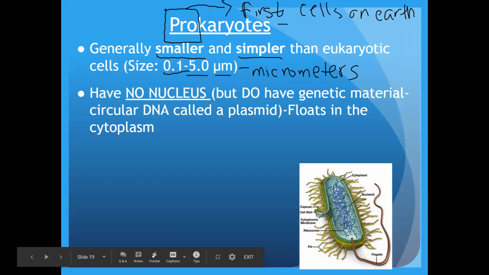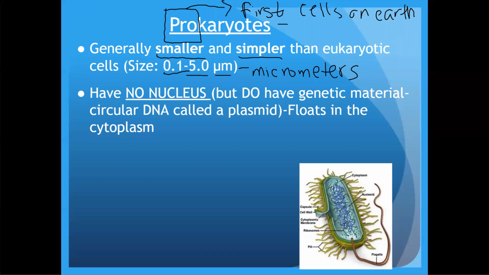Prokaryotes have no nucleus. A nucleus is one of the organelles that we're going to talk about later. Prokaryotes have no nucleus, but they do have genetic material, which is circular DNA called a plasmid that just floats around in the cytoplasm.